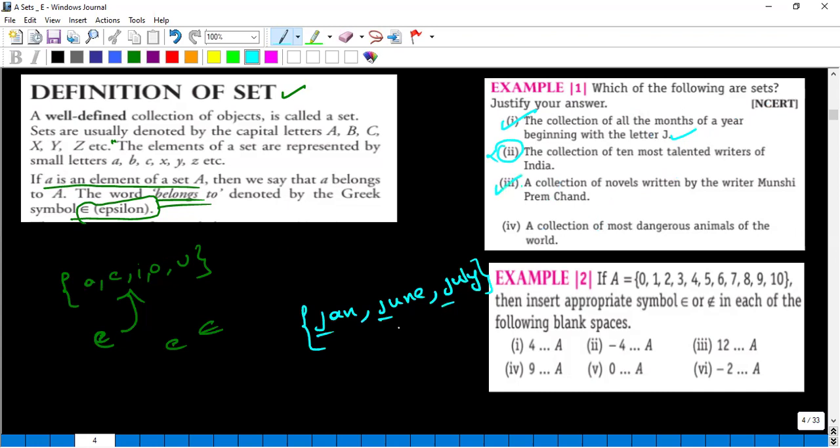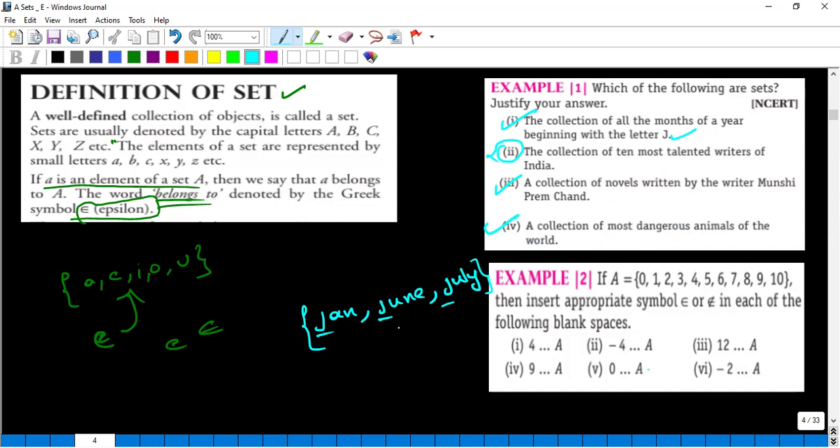Yes, of course, you can decide whether a novel is written by Munshi Premchand or not. So, collection of all the novels written by Munshi Premchand, we can group them. So it forms a set. Then, what about this? Collection of most dangerous animals in the world. On what basis are you deciding that?